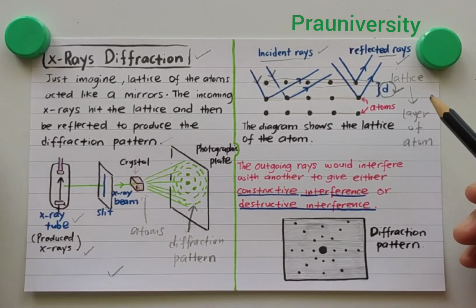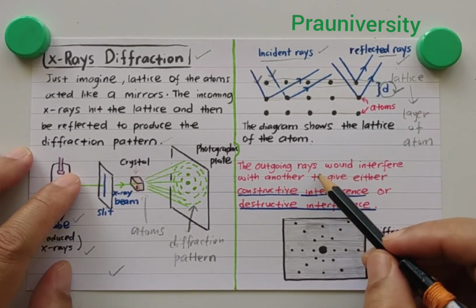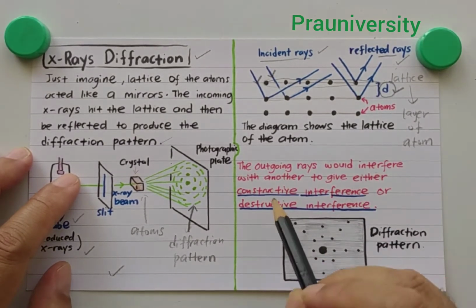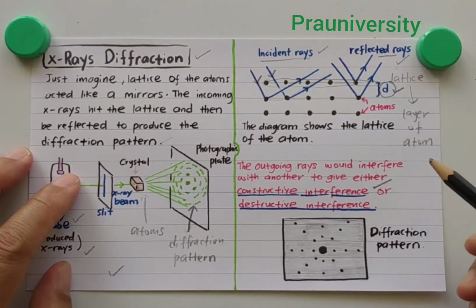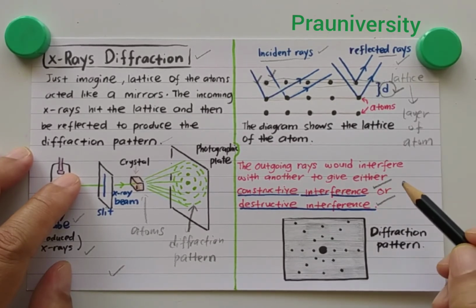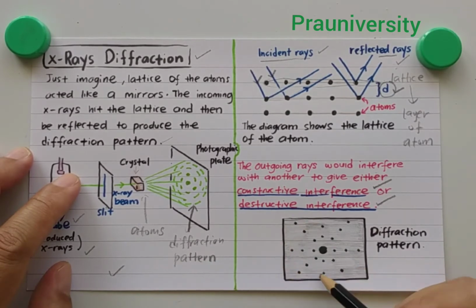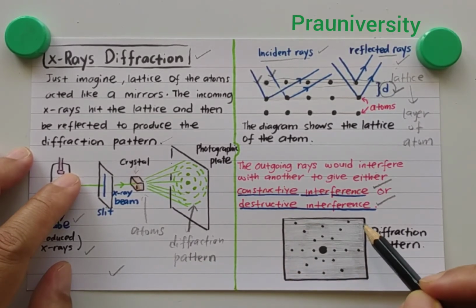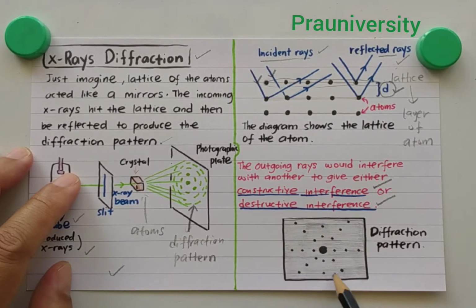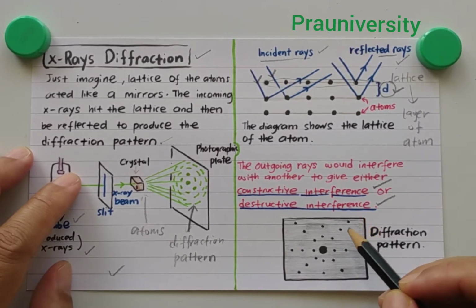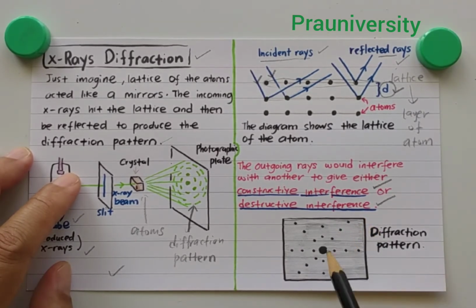Okay, continue. The outgoing rays interfere with one another to give either constructive interference or destructive interference. And then we can see from the photographic plate the type of diffraction. The diffraction pattern here looks like this.